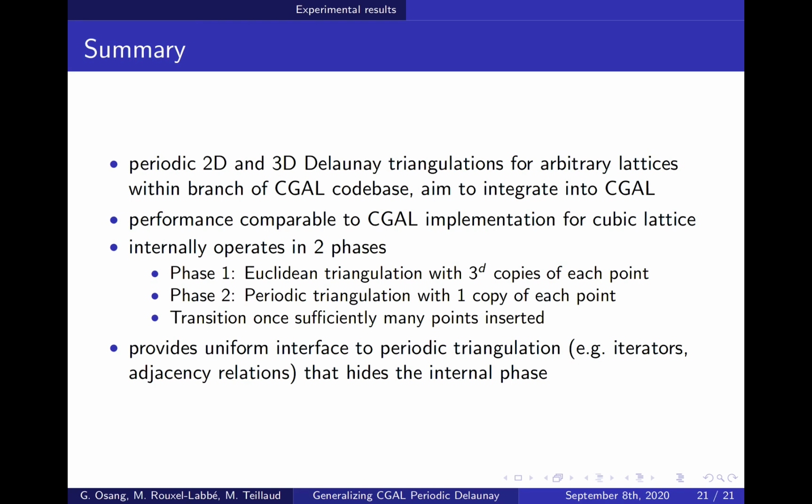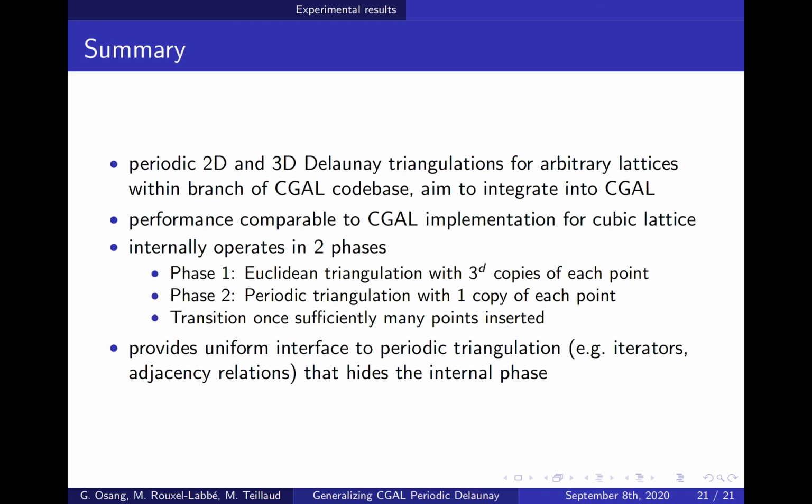So we have periodic 2D and 3D Delaunay triangulations for arbitrary lattices, not just the integer lattice, within a branch of the CGAL code base. That's the current state, and we aim to integrate it into proper CGAL to get it into a proper release. The performance is comparable to the CGAL implementation for the cubic lattice, which is good.